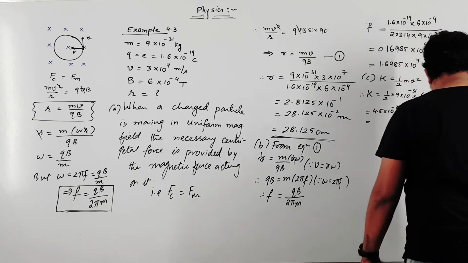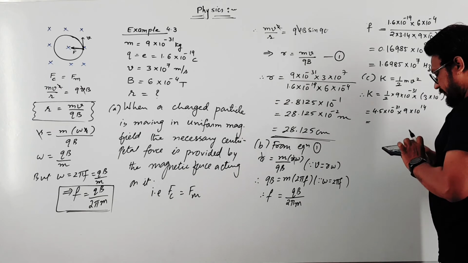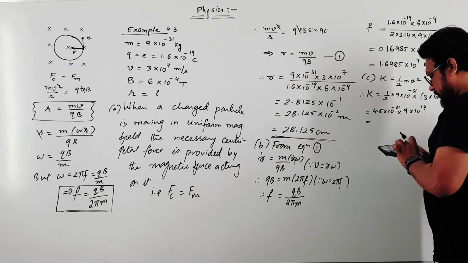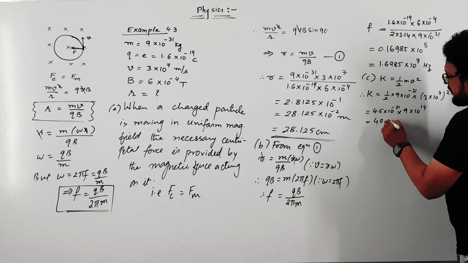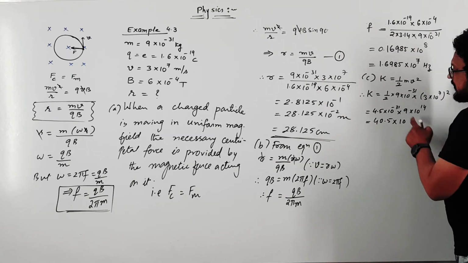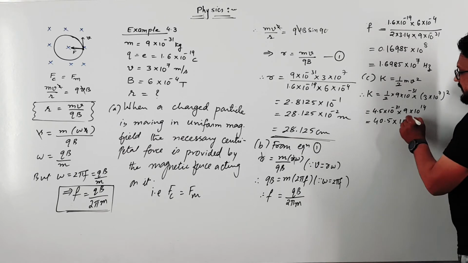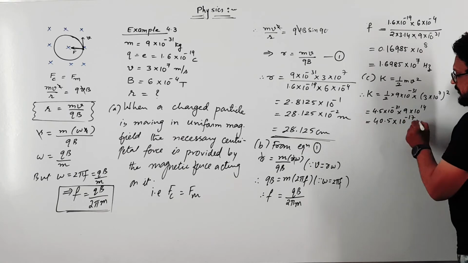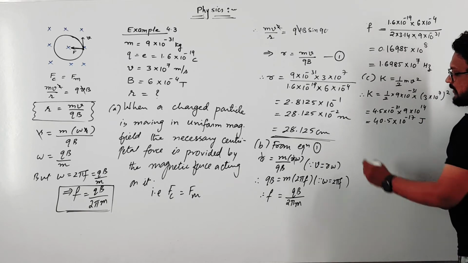So 4.5 into 9 will give you 40.5 into 10 to the power minus 31 plus 14 is minus 17. This is in joule, but we want energy in keV.